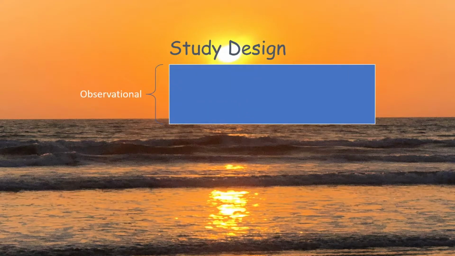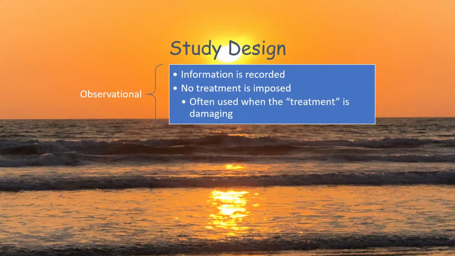So study design is also important. We will get into more details as we go on, but we've got observational studies where obviously you record your information. You don't impose a treatment, all right? So you just gather your sample subjects and then you just observe them and you record the results.